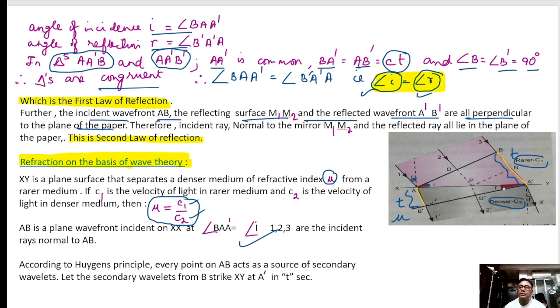Clear? Please note it here. So this is angle I. If this is I, this is also I. If this is R, the angle of refraction, then this is also the angle of refraction.